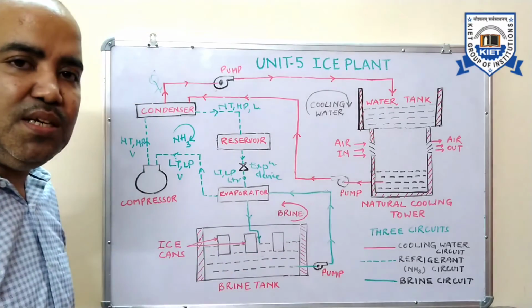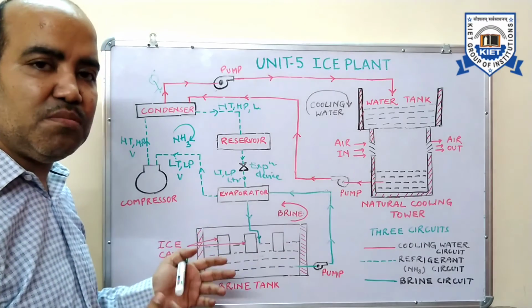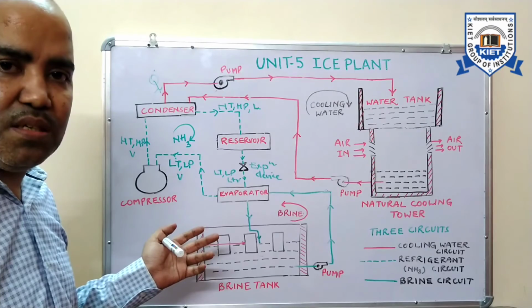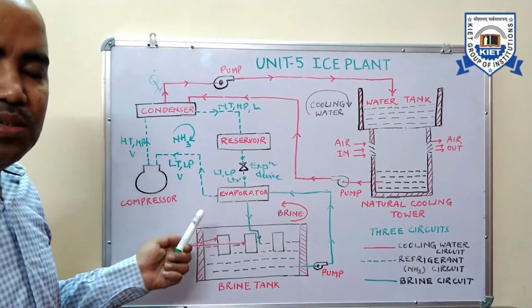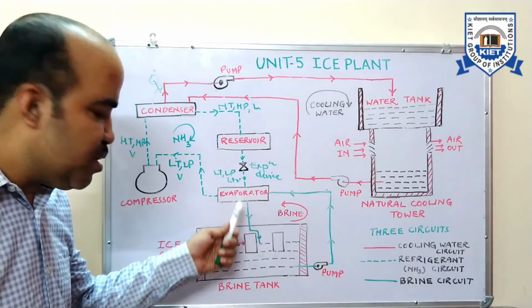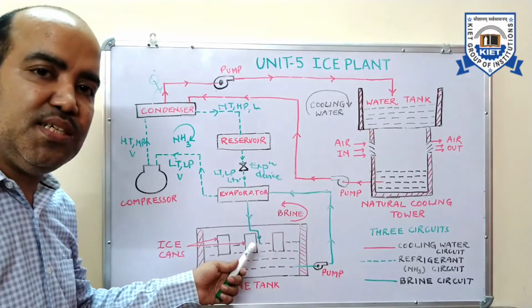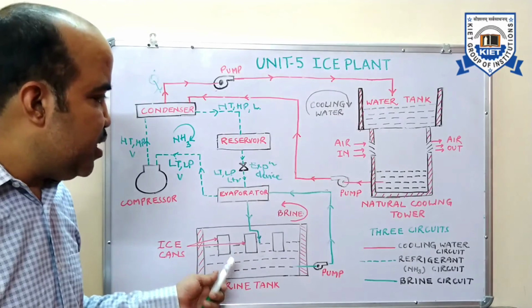Brine is nothing but the secondary refrigerant here, because it gives up its heat to the primary refrigerant, which is ammonia, becomes cooled, and then exchanges heat with the water in the brine tank.